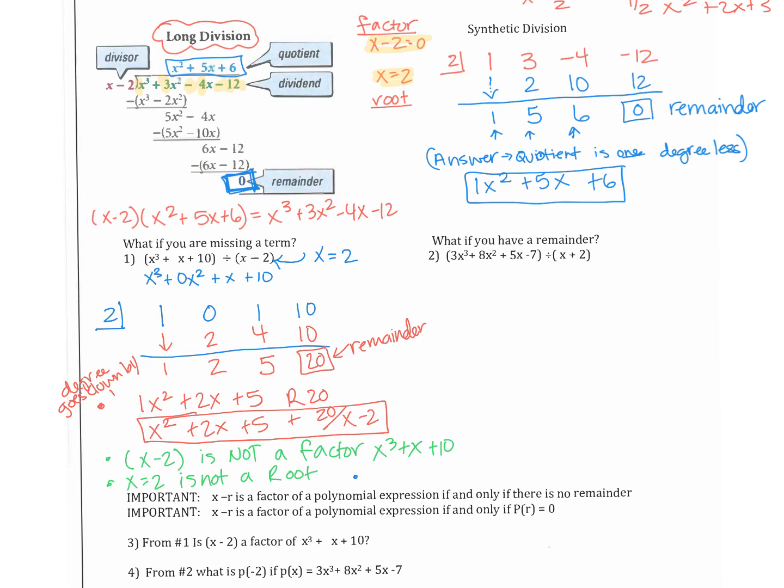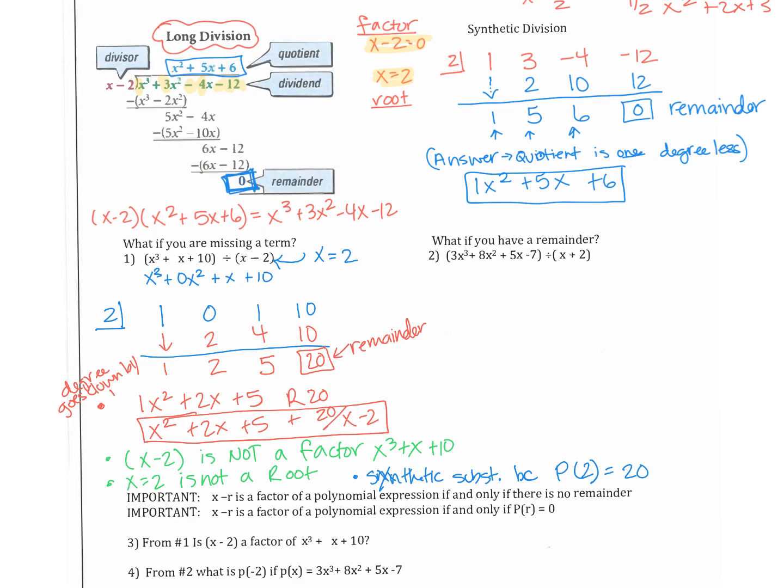Synthetic division is sometimes called synthetic substitution, because I also know that P of 2 equals 20. I'm going to talk about that a little bit later in this video. So if you give me one moment, let's do 2, and then I will come back to this idea of synthetic substitution being equal to whatever the remainder is.